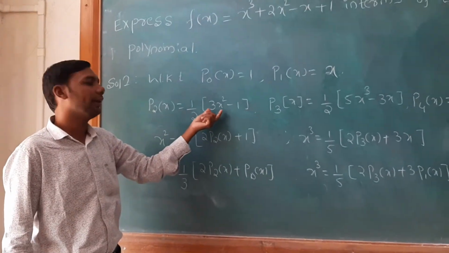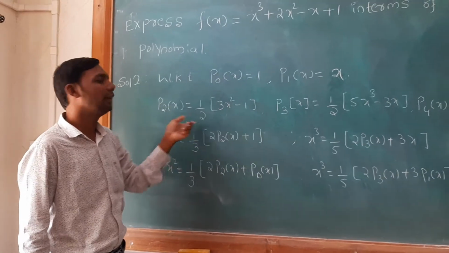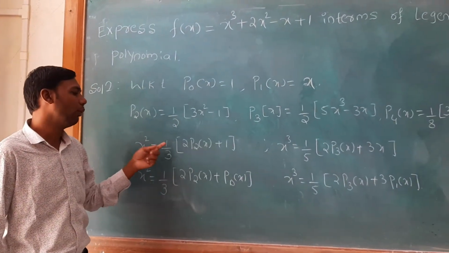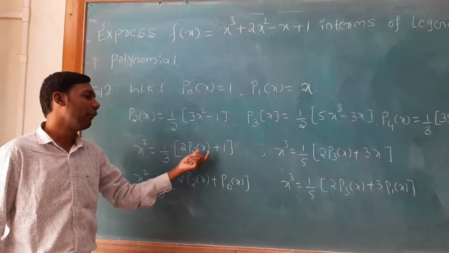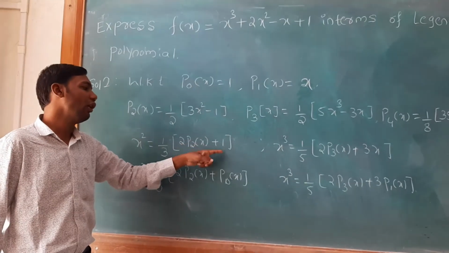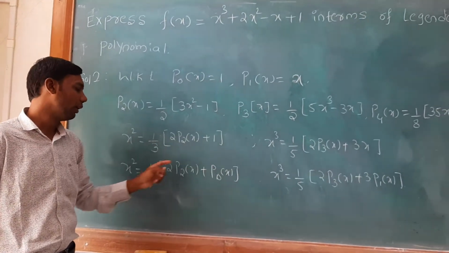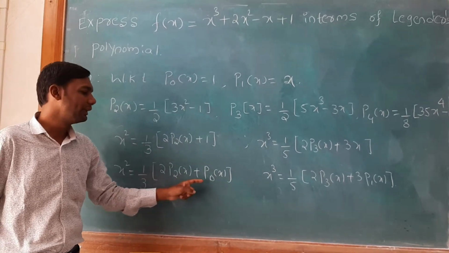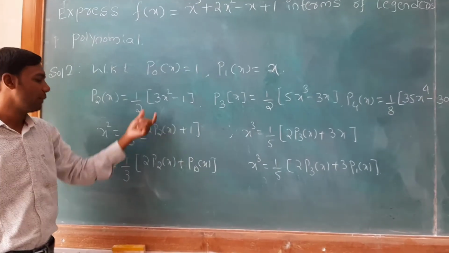Therefore take x square on this side and the remaining terms on the other side. On simplification we get x square is equal to 1 by 3 into 2 P2 of x plus 1. We have expressed in terms of P, the value of 1 is P naught. So x square is equal to 1 by 3 into 2 P2 of x plus P naught of x. This is the x square value.